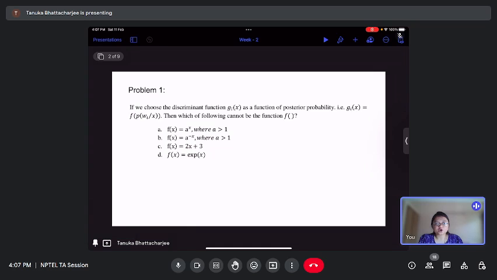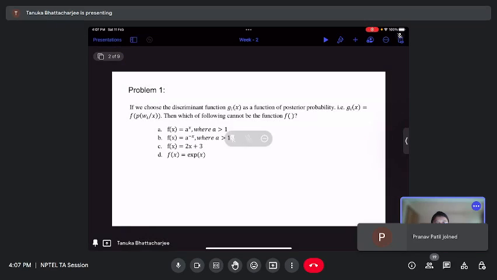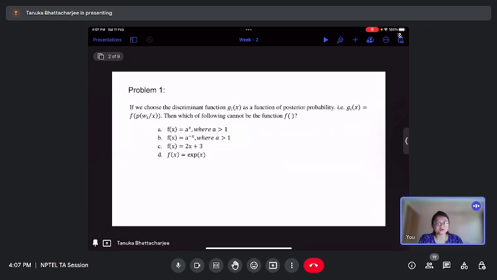Four options are given: A, a to the power x where a is greater than 1; B, a to the power minus x with a greater than 1; C, 2x plus 3; and D, exponential of 3. Can anyone give this answer? Which function is not suitable for being the function f?